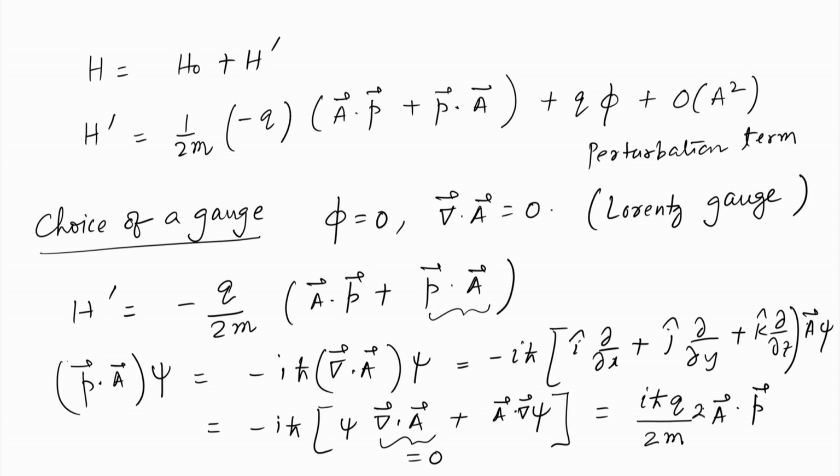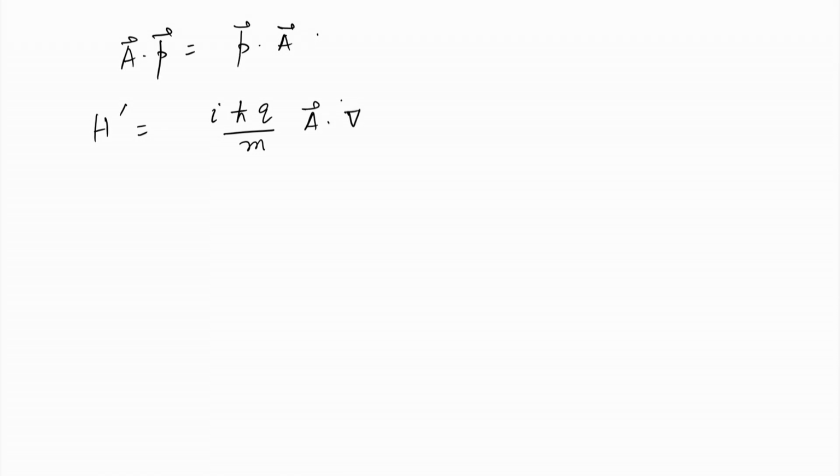So, that 2 will cancel with this 2, and one has it in the form. So, H prime is equal to, what happens is that your A dot p becomes equal to your p dot A, and the H prime becomes equal to i h cross q over m A dot del.